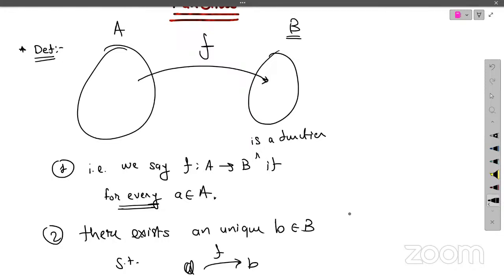First, you have to be allowed to take every element of A as an input. Then only you can say it can be a function. The second thing is, for every input, you should have a unique output. If you are getting two outputs, then it's not a function.